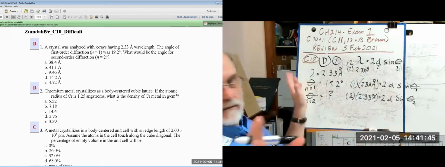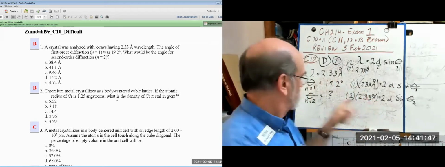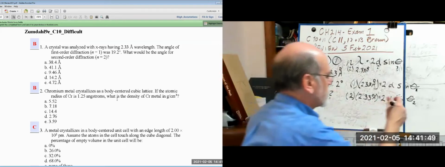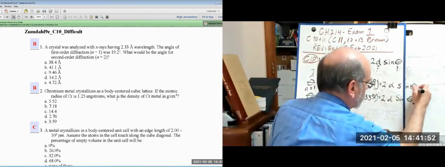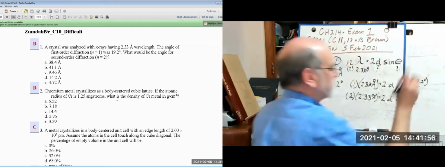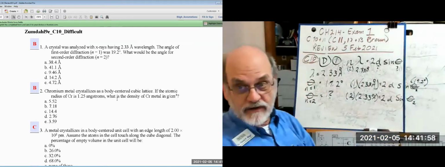Oh, I missed something, didn't I? 19.2 degrees. All right, now we're getting somewhere.